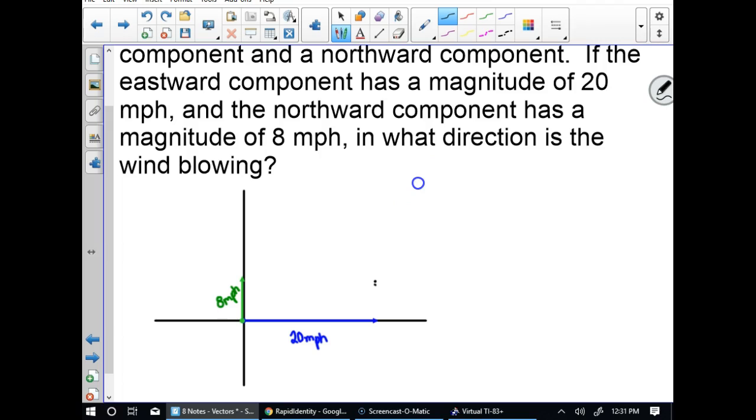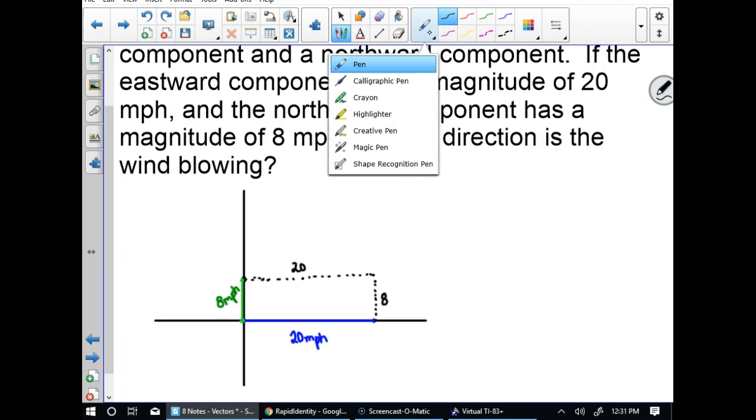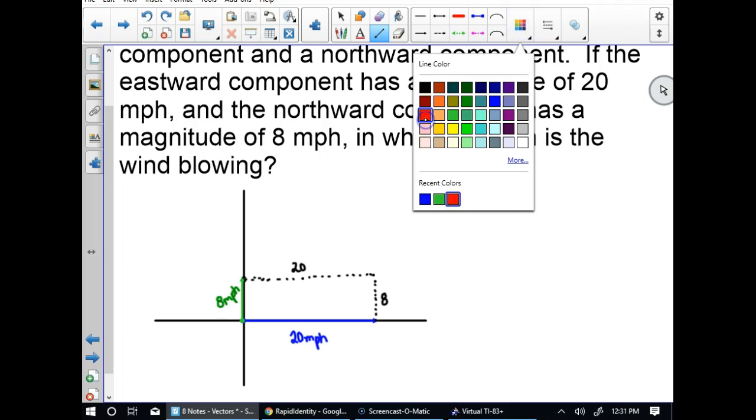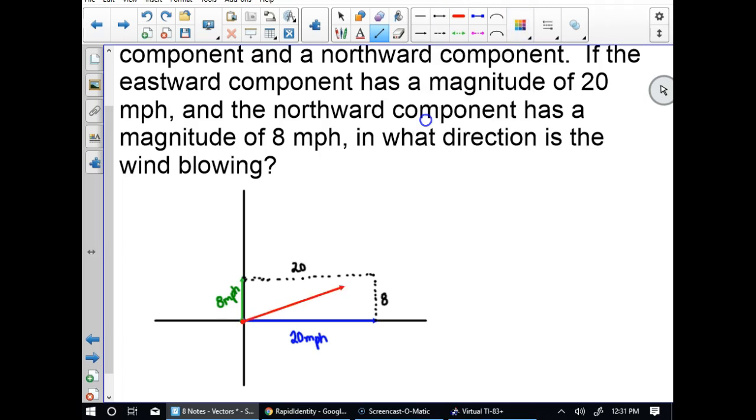So if we draw in this side here, this side would also be 20. This side would also be 8. And our resultant vector is going to start where those two started, and it will end across the parallelogram there.